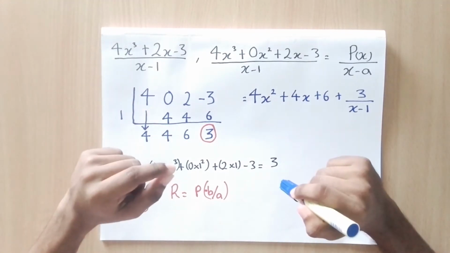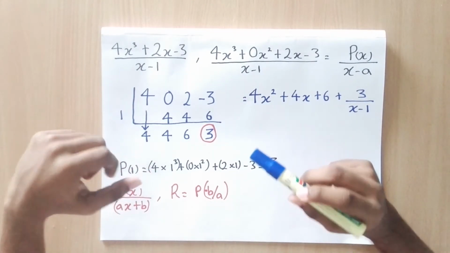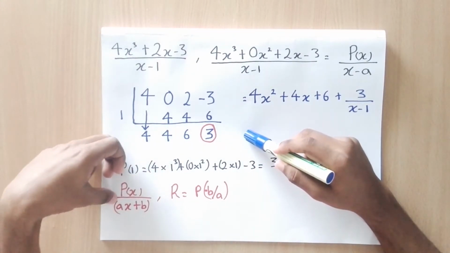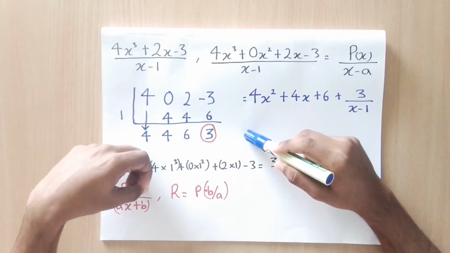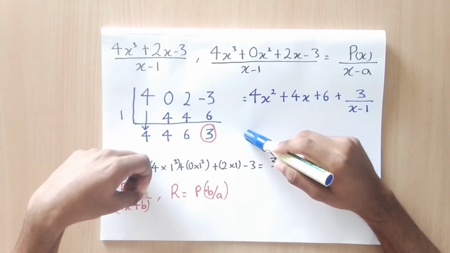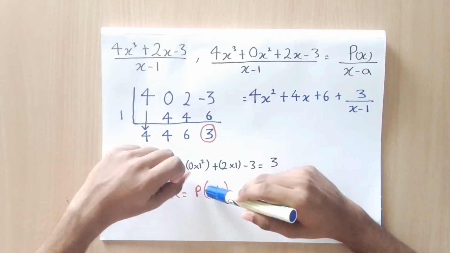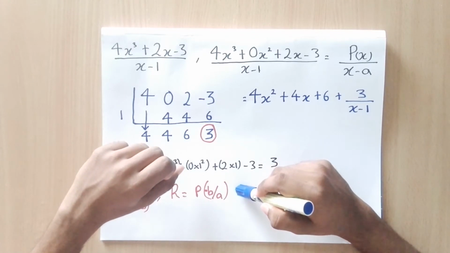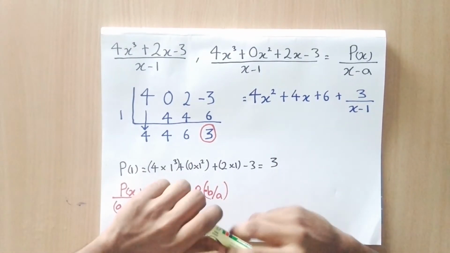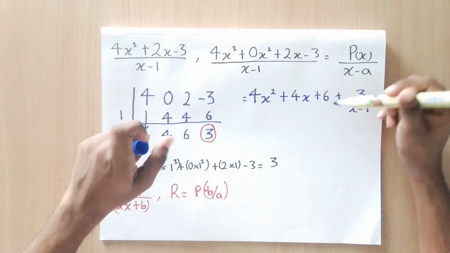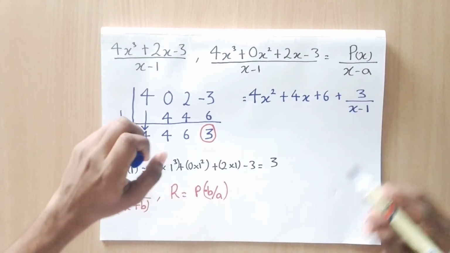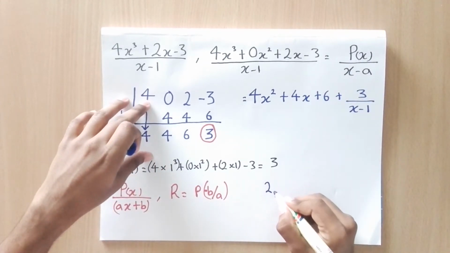Now for the tip of the day. When a polynomial p(x) is divided by ax plus b, where a and b are constants, the remainder is p(minus b over a). For example, let's take this 4x squared plus 4x plus 6 and divide it by 2x plus 3.